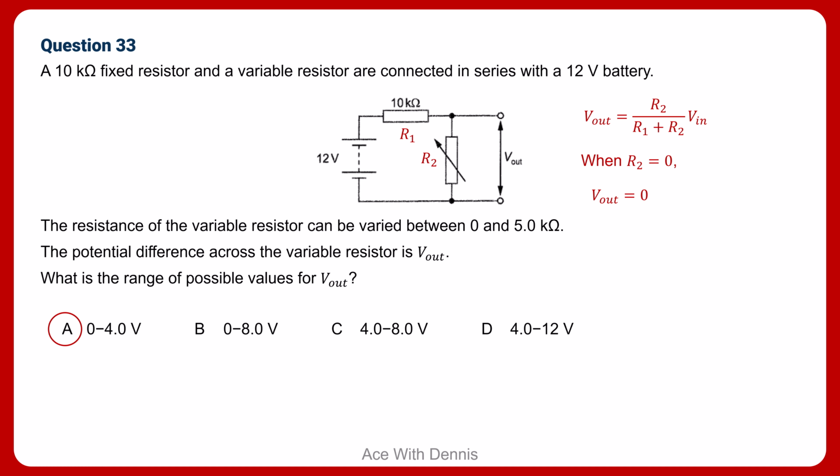Then, using this formula, we find that Vout is equal to 0. Next, the largest value of R2 is 5000 ohms. Then Vout will be 5000 over 10,000 plus 5000 times 12, and we get 4 volts. Hence, the range of possible values for Vout will be from 0 to 4 volts.